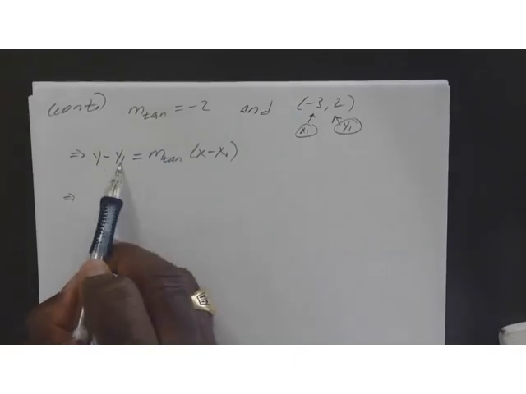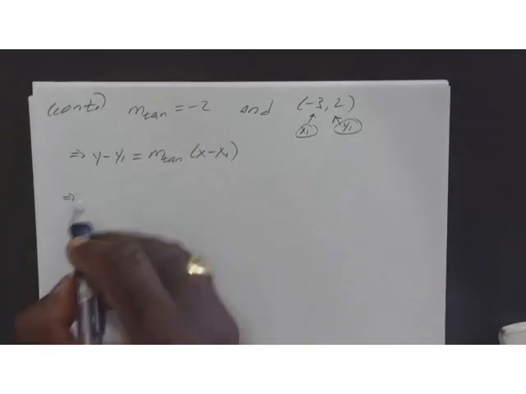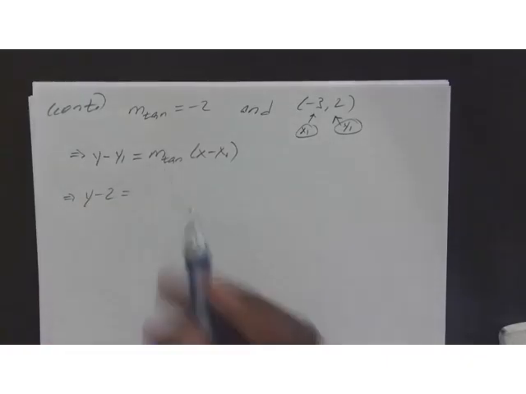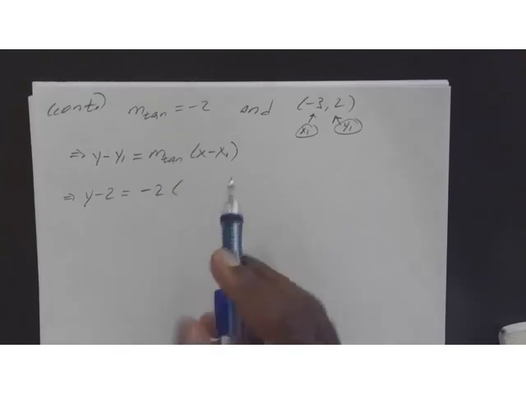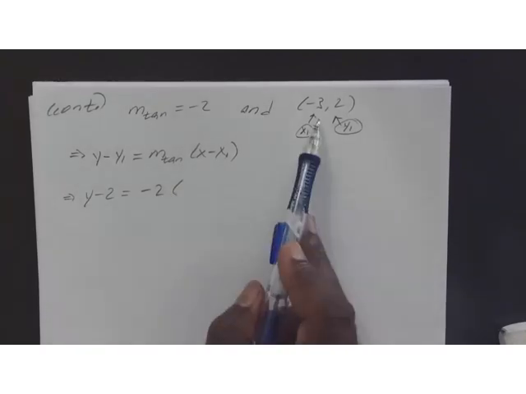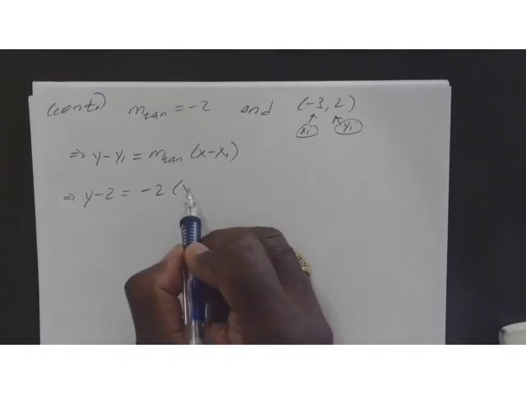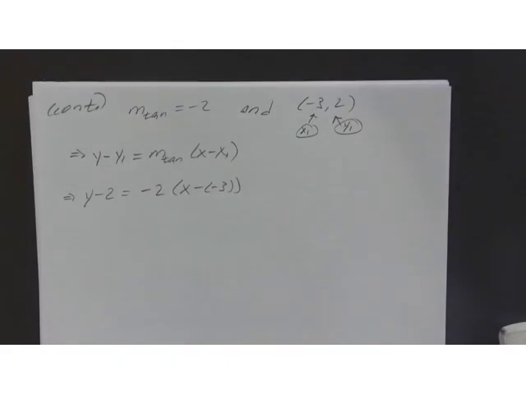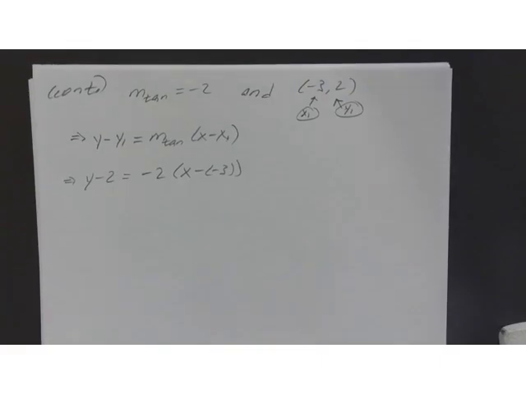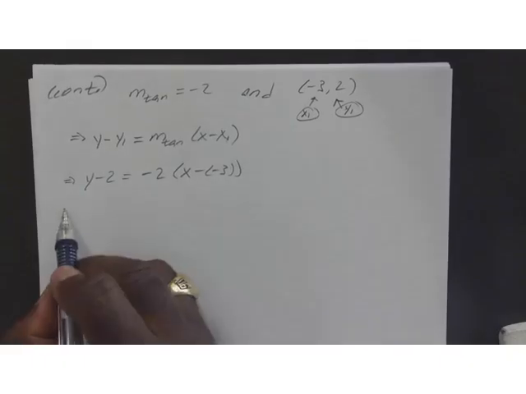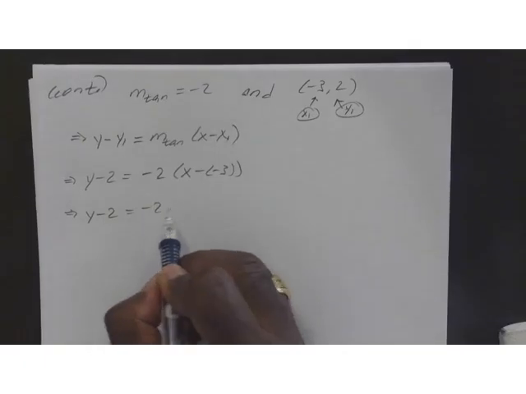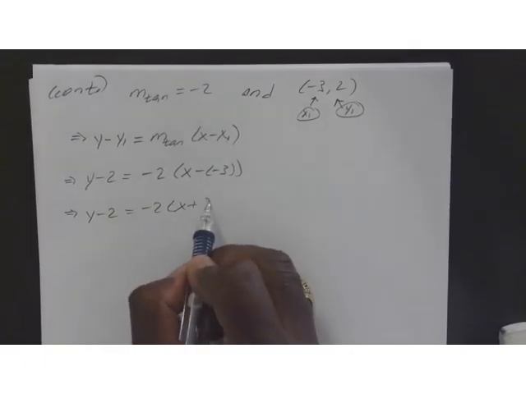So our y minus y1 is y minus 2, is equal to the slope of the tangent line, which is negative 2, times x minus x1, or x minus negative 3. Or we can just rewrite it as y minus 2 is equal to negative 2 times x plus 3.